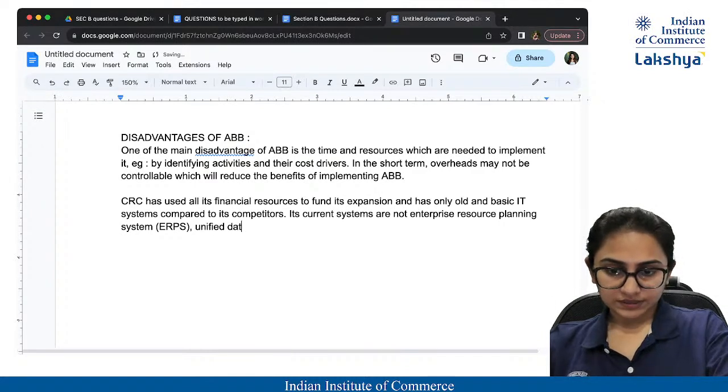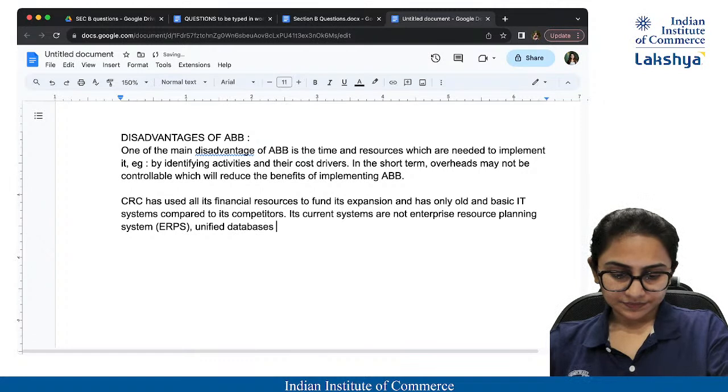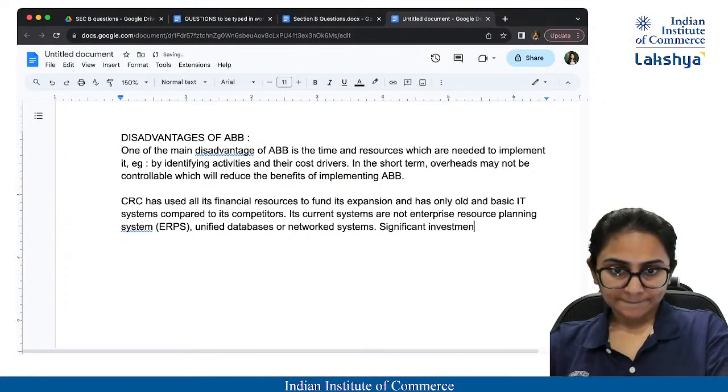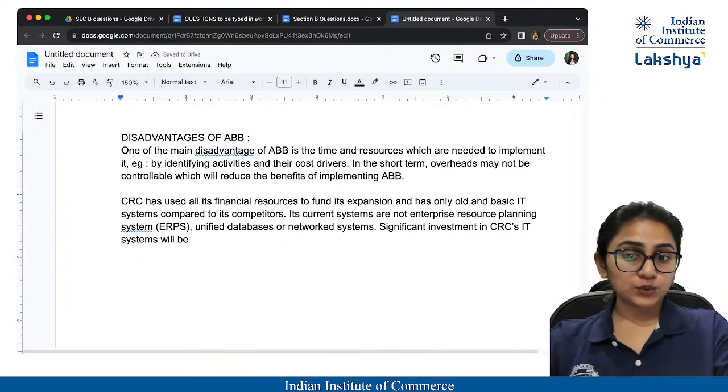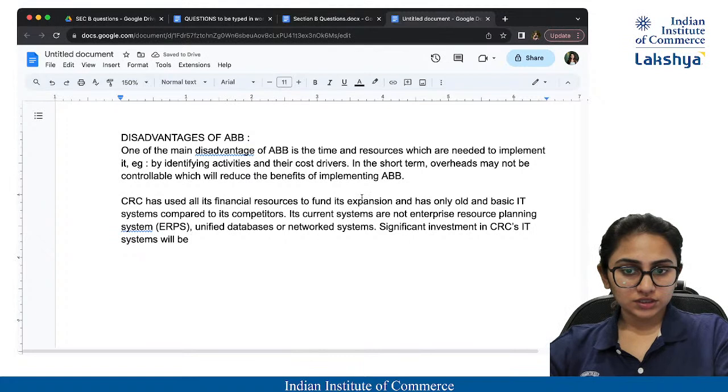unified databases or networked systems. Significant investment in CRC's IT systems will be needed. If you want to switch over to ABB, then obviously you have to update your technology.